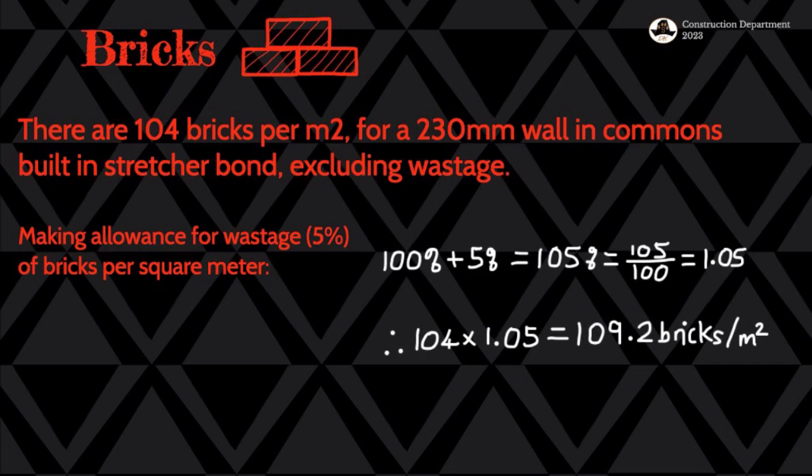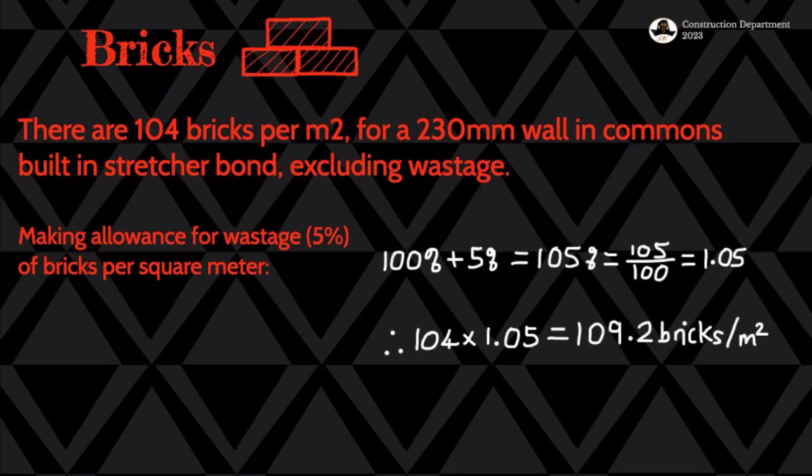Then we say 105% of 104 bricks. Easily we can just say 105 over 100 multiplied by 104, or put it in decimals, 1.05 times 104 bricks, which gives us 109.2 bricks per square meter.